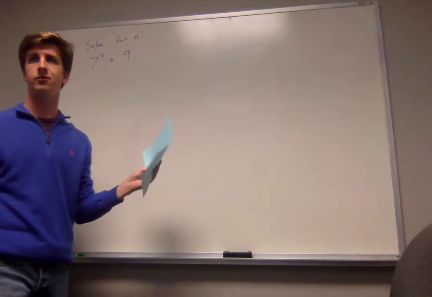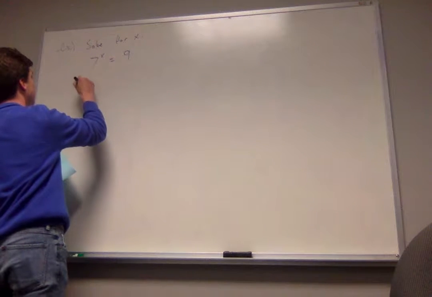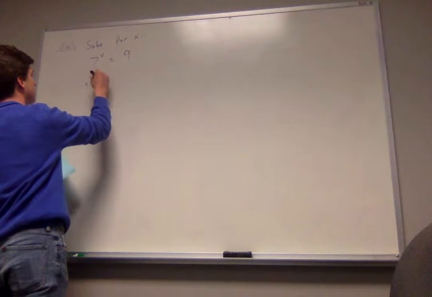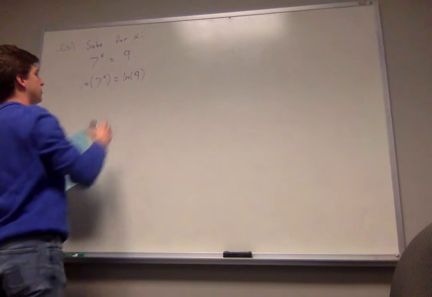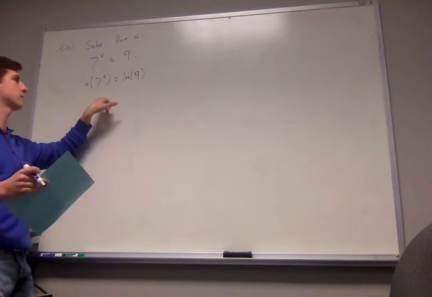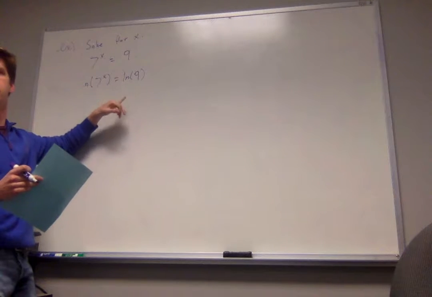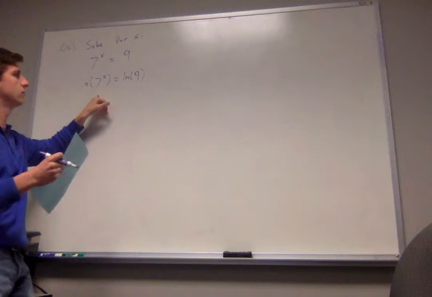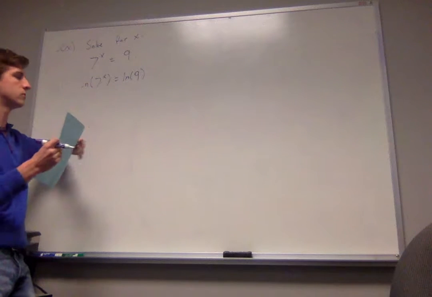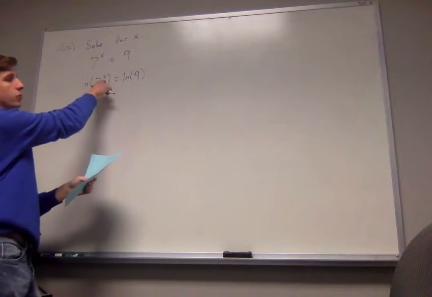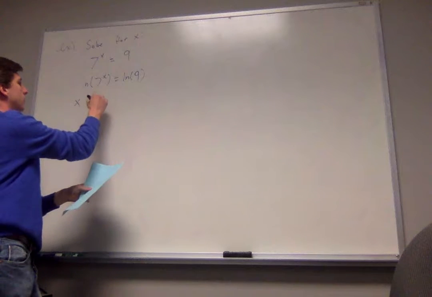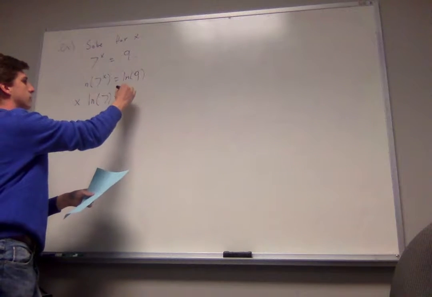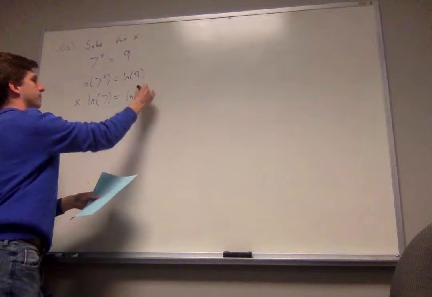So you can do that to both sides. So you get the natural log of 7 to the x power equals the natural log of 9. We can use property 3 of logarithms to rewrite this as bringing the x out in front, x times natural log of 7 equals the natural log of 9.